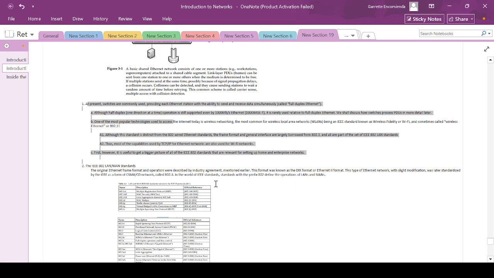At present, switches are commonly used, providing each Ethernet station with the ability to send and receive data simultaneously, called full duplex Ethernet.